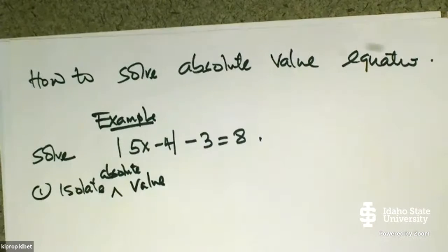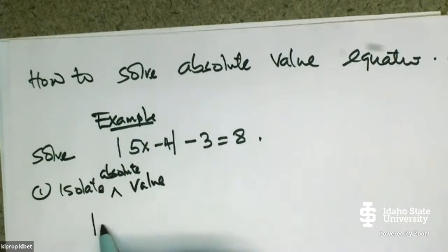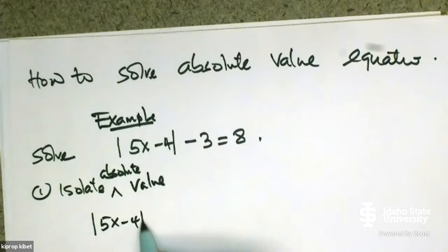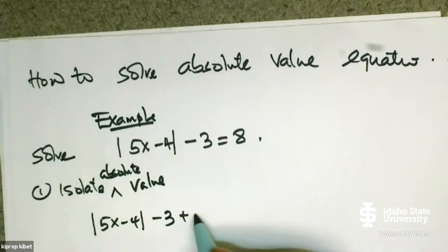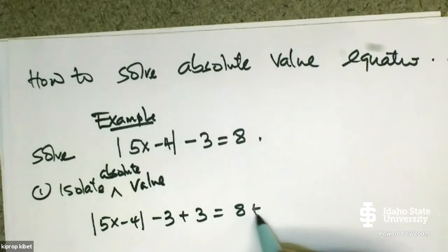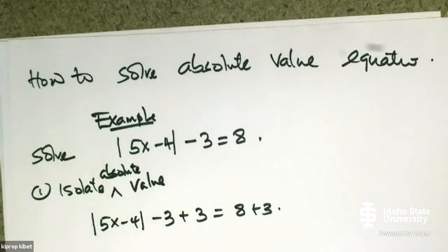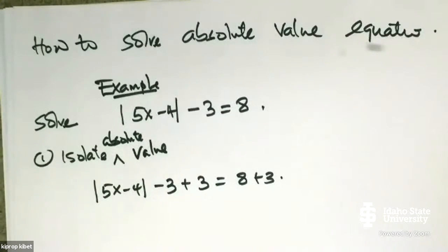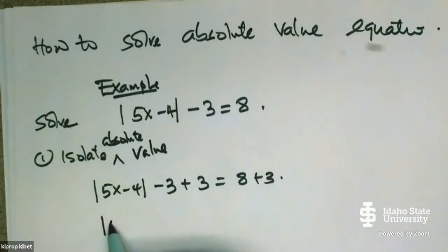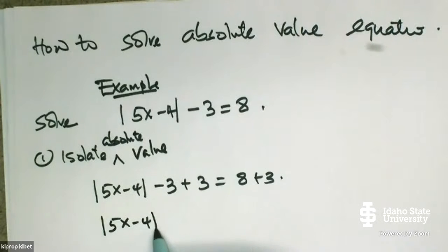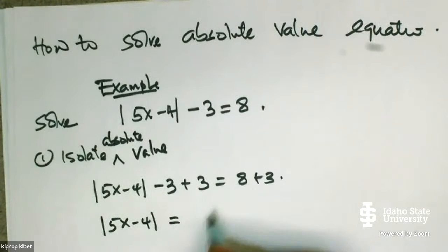So we add 3 to both sides. So we isolate: the absolute value of 5x minus 4 equals what? 11.